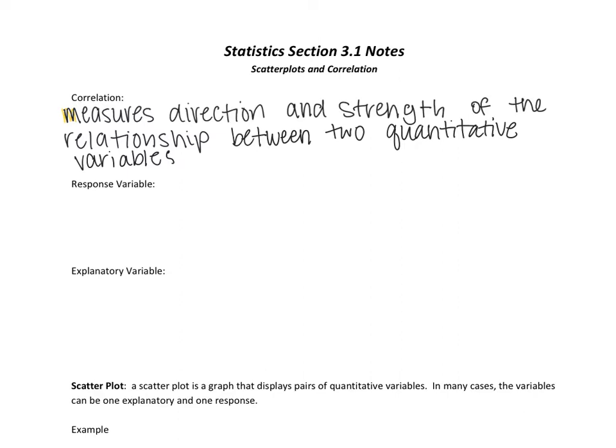So when we talk about direction and strength, direction refers to is it positive or negative, and strength refers to is it weak or strong. And we're going to talk more about correlation a little bit later on in the notes.